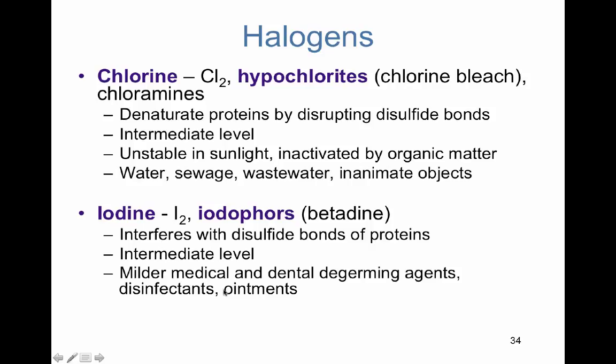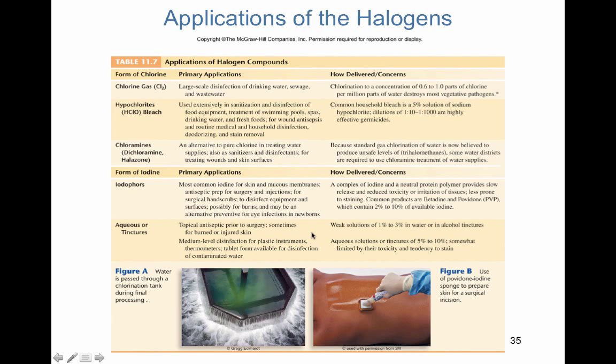This can be used as an antiseptic. It is also intermediate level and again interferes with the disulfide bonds of proteins. So these are the general applications of the halogen. So it can be used, as you see on the right here in the case of iodine, as an antiseptic generally, and then left-hand side, water treatment for chlorine or surfaces for disinfection.